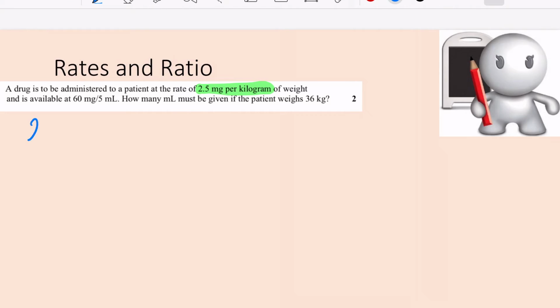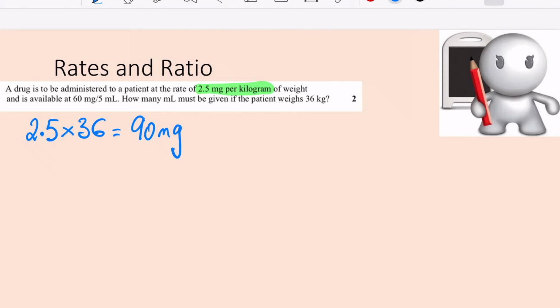This person weighs 36 kilos, so he's going to get 36 lots of 2.5 milligrams. Well, what does that give us? That gives us 90 milligrams.